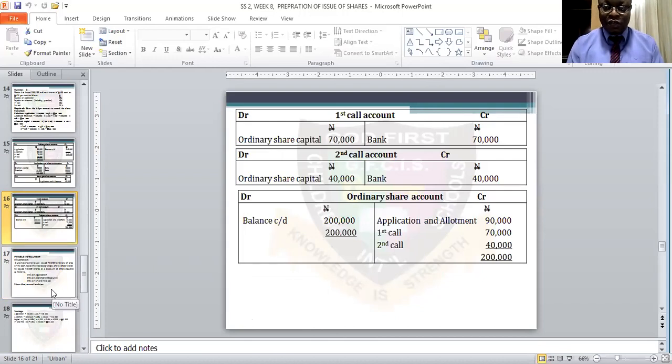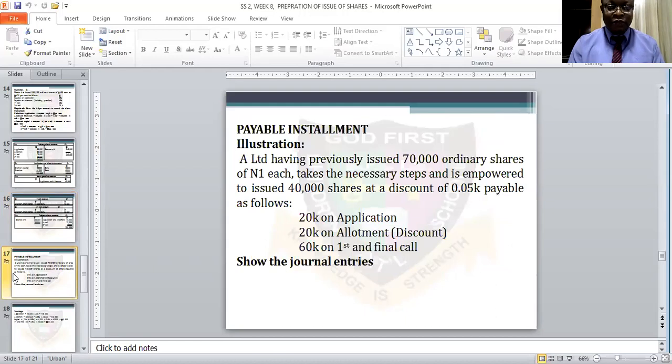Then second call account, ordinary share capital is 40,000, and the credit side of the second call account is 40,000 naira. For the ordinary share capital account, we provide both debit and credit sides. Application and allotment account 90,000, first call 70,000, then second call 40,000 naira. You add all these together, and we arrive at 200,000 naira for both sides of the ordinary share capital.